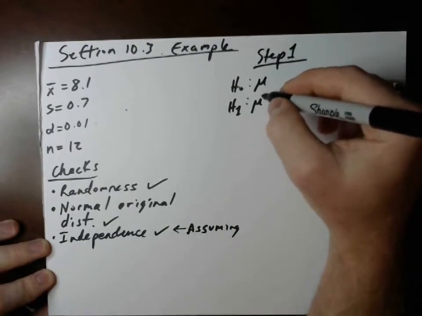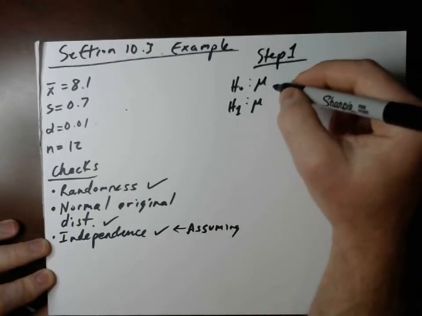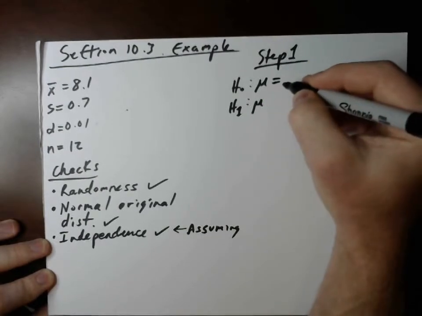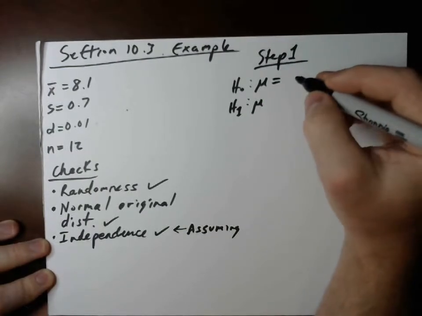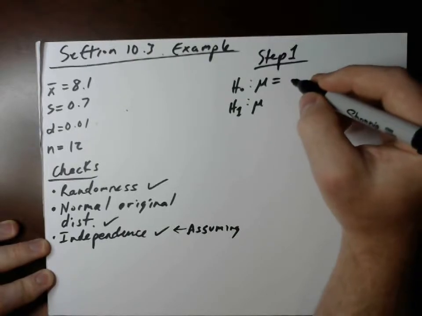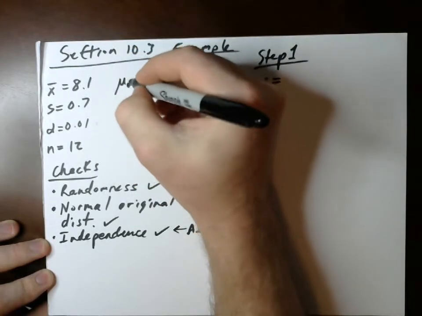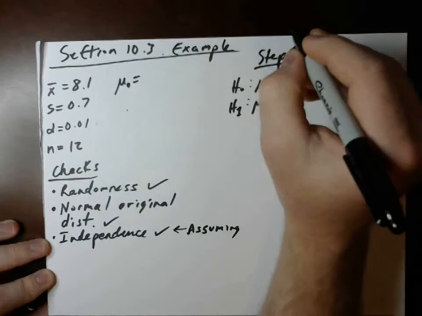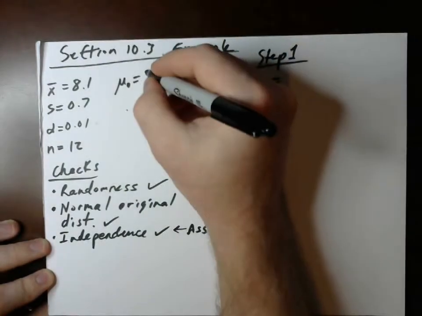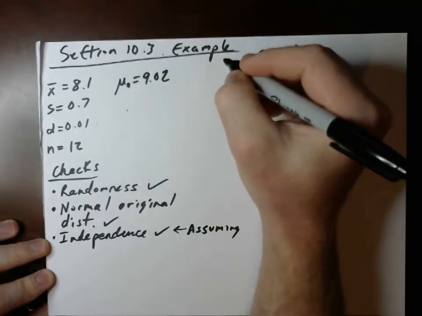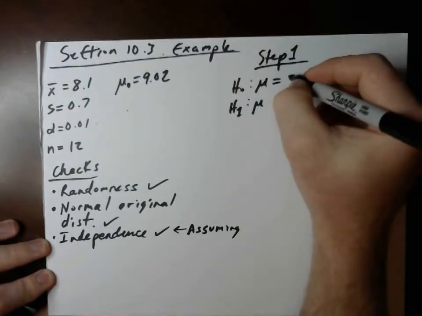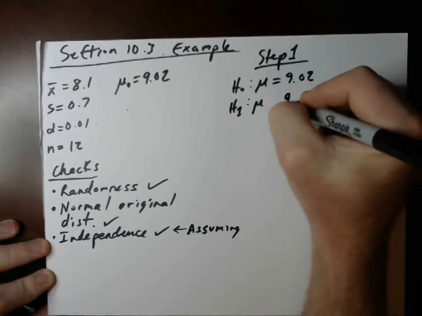We're dealing with mean, not proportion. Okay? And we deal with equality here always. Oh, and one other value that we forgot to pull out of here is our mu sub naught, our claimed value, and that being 9.02. Forgot to mention that. So that goes right here, 9.02, 9.02.